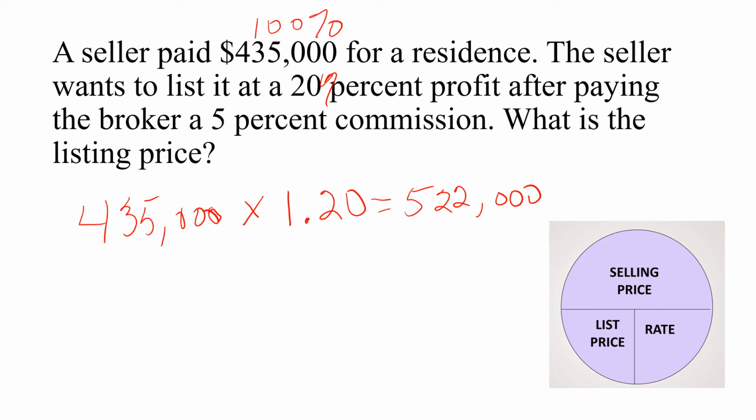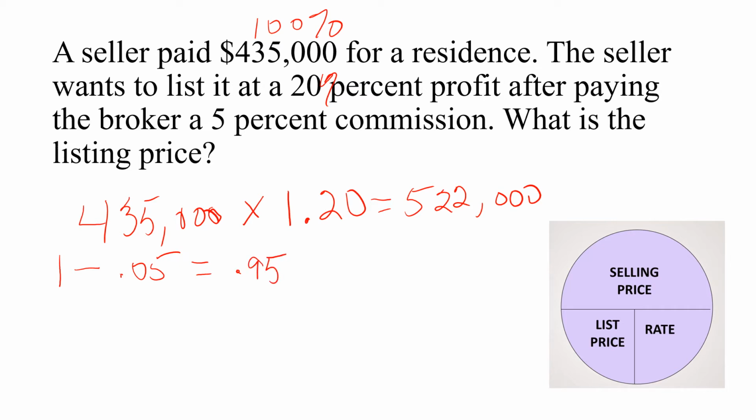Then we've got to remove 5% in commission. So to do that, because we'll be removing 5% in commission, we need to add that 5% to the sales price. And the way we do that is we say that 1 minus 0.05 for 5% equals 0.95.